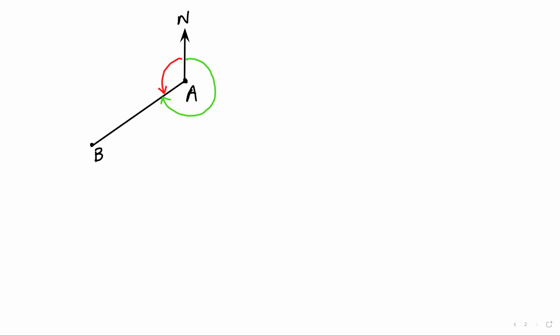So if this angle here is 106 degrees, then the other angle, well, they would both add up to 360 degrees. So this angle here, which is the bearing of B from A, will be 360 minus 106, which is equal to how much? 254, sorry. 254 degrees.